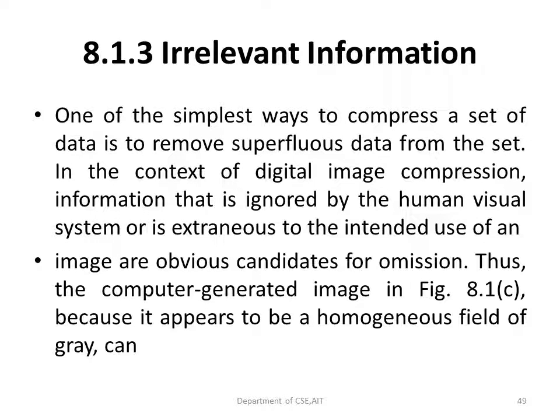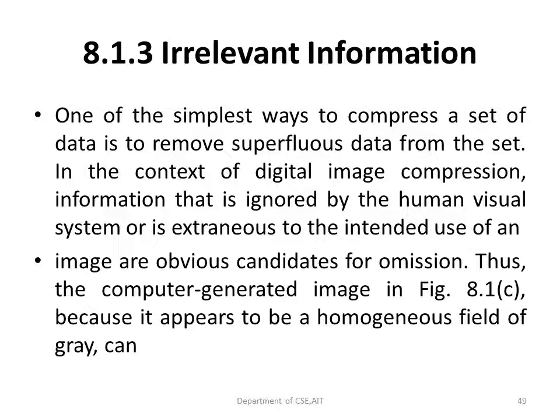Now the irrelevant information. One simplest way to compress a set of data is to remove the data which is not at all related, that is the superfluous data, from the image or the set. With respect to digital image compression, the information that is ignored by the human visual system or is extra to the intended use of the image is what we are concentrating on.